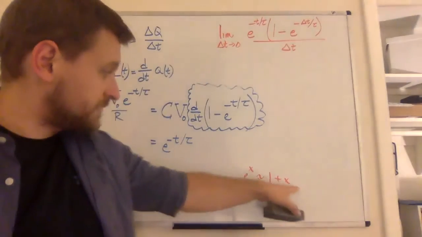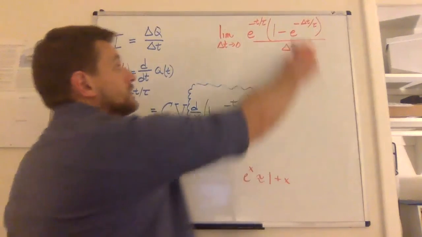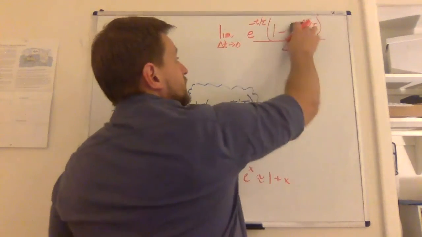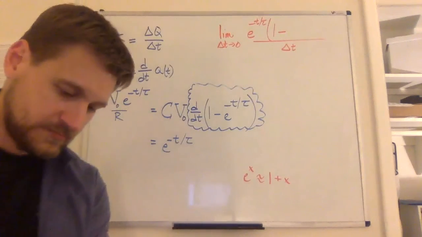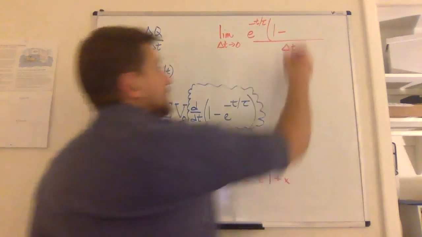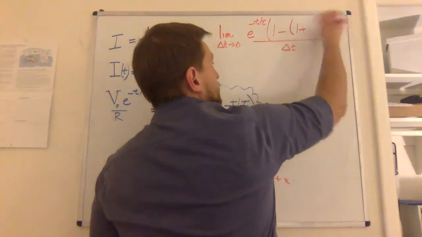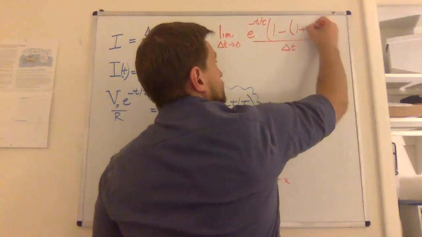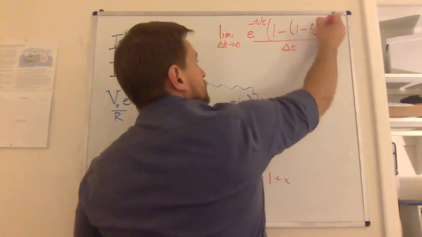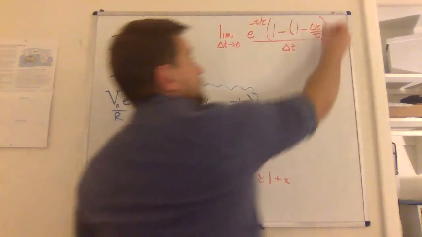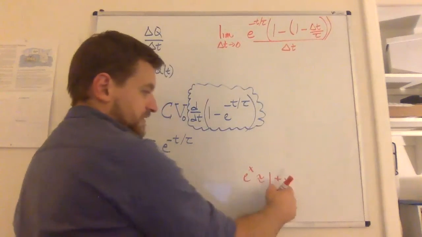So I'm going to use that to modify this. Subtract e to the something. That's like subtracting 1 plus that something. That something in this case was negative. So 1 plus the negative thing.